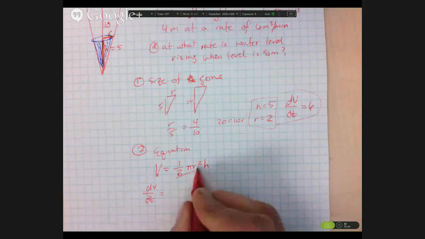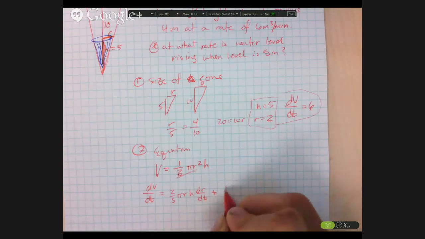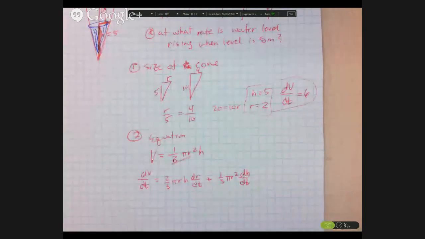So 2/3 pi r h dr/dt plus 1/3 pi r squared dh/dt.